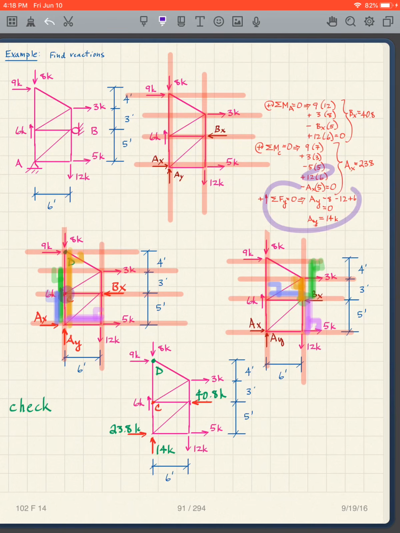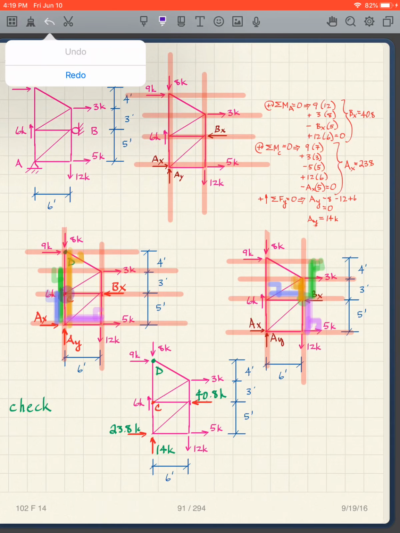And then if we take the sum of the forces in the Y direction, we can get AY. In the Y direction, we have the 8, the 12, the 6. We put those into our equation. So down for 8, down for 12, up for 6. So minus, minus, positive there.